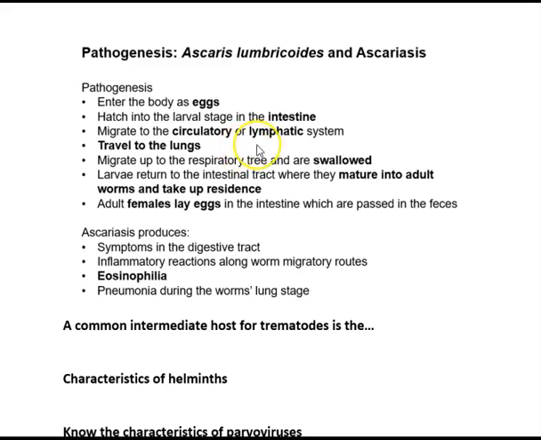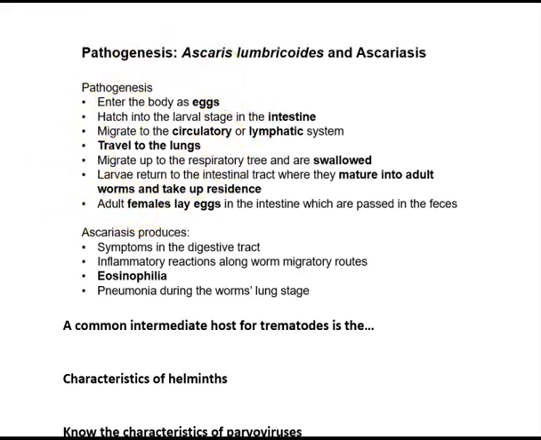From the lungs, they're going to migrate to the pharynx or the throat. They're going to get swallowed down into the stomach and return to the intestines to mature. And it's there that they mate, and the adult female lays her eggs, which then get passed in the feces. So for Ascaris lumbricoides, I would be very familiar with its life cycle, and remember that it is an intestinal roundworm.